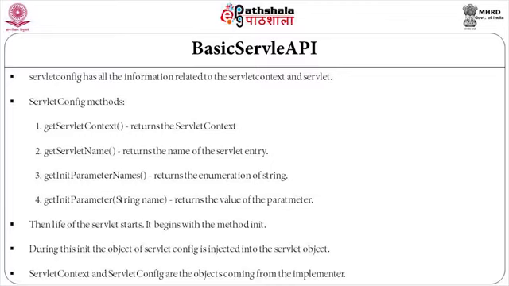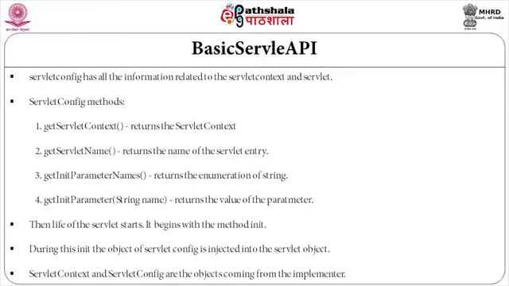So, we have our getInitParameterNames returning an enumeration of string, and also, if we know the name of a particular init parameter, we have the method called getInitParameter, where you pass the name of a parameter and fetch its corresponding value. So, what are the methods in servlet config?